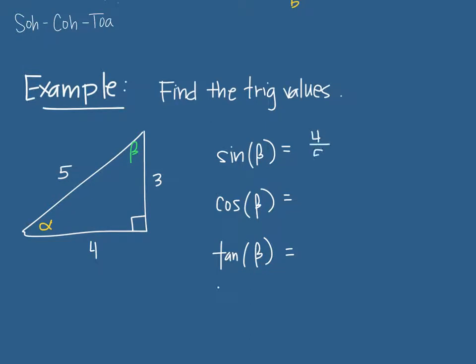All right, Sam, how about cosine beta? Putting yourself in that beta corner, what would be adjacent to you? Good, 3 over 5. Awesome. Angie, how about tangent? This is going to be TOA, so opposite over adjacent. Opposite is 4 over 3. Great.